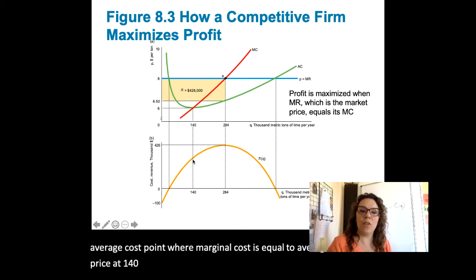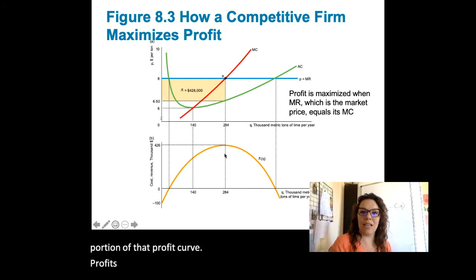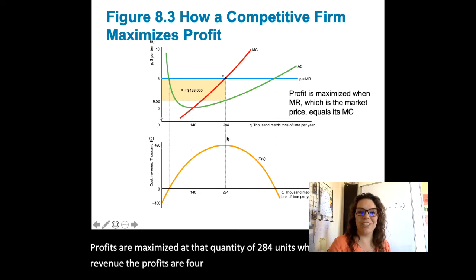We still see we're on the upward sloping portion of that profit curve. Profits are maximized at that quantity of 284 units, where the profits are $426,000, and the change in profit is zero.